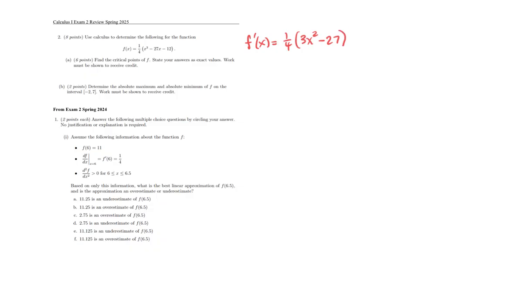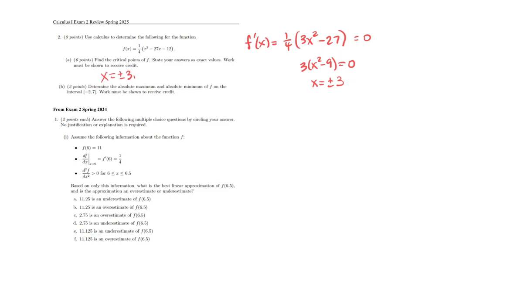I can set that equal to 0 and factor out a 3. So I get x is equal to plus or minus 3 when I take the square root. Those are my critical values.